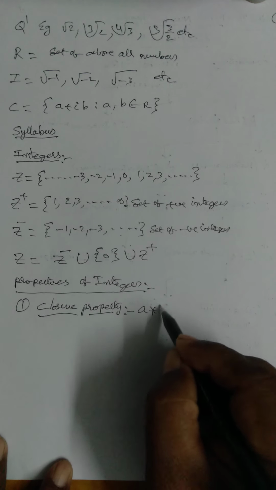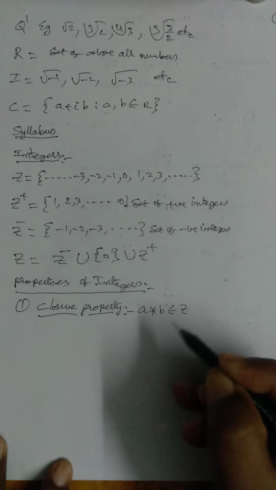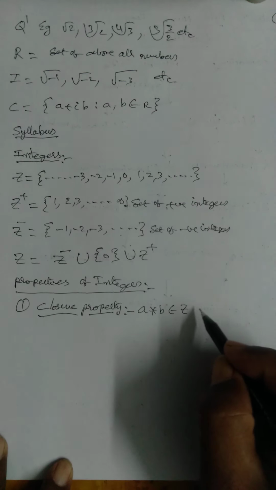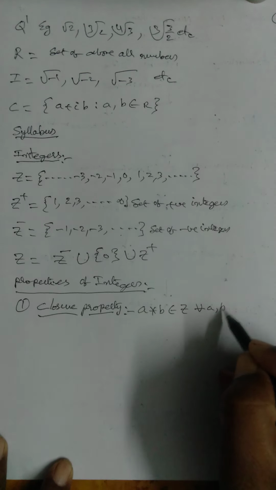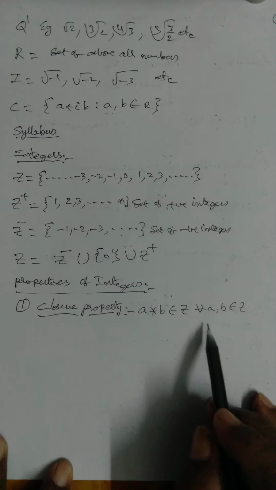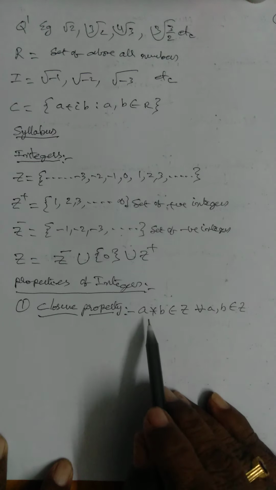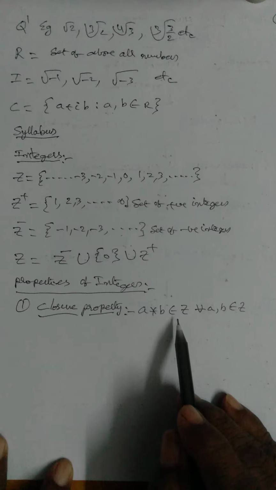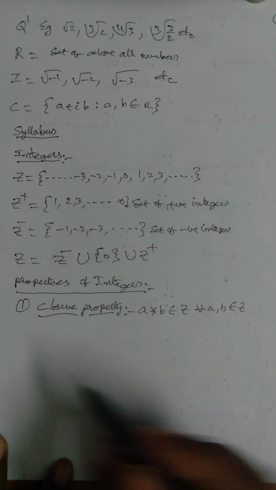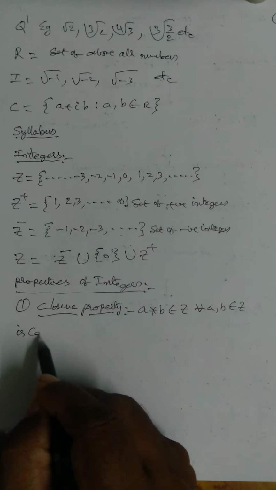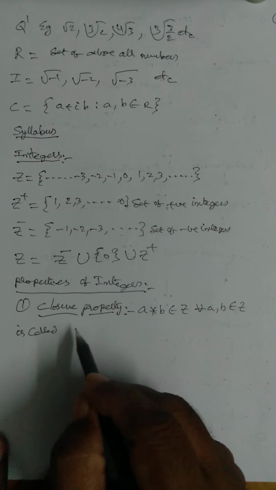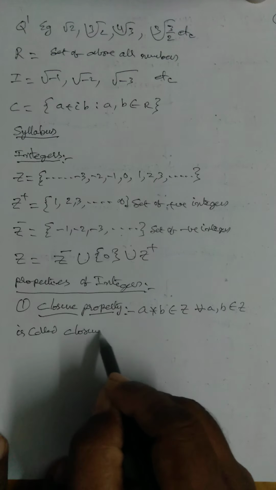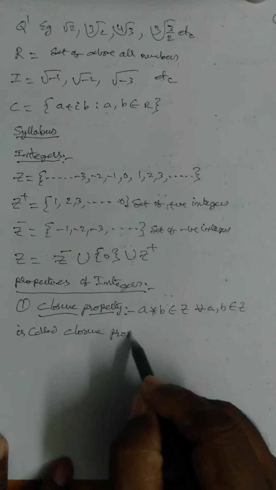A star B belongs to Z for all A, B belongs to Z. A, B are integers, A star B is also an integer. This is called closure property.